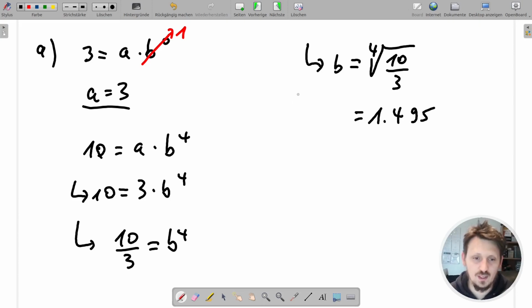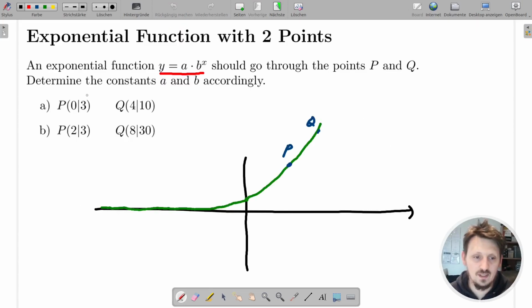And you can cross-check this when you write down the equation in the way y equal a times b to the power x and insert a and b. And then the x value, for example 0, you will find out that the y value will be exactly the value 3 here given in point P in exercise part A.